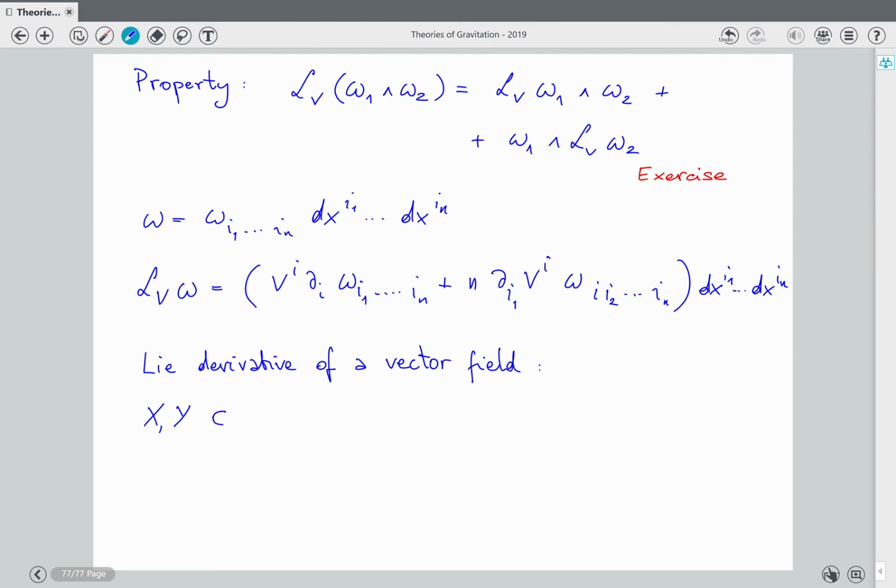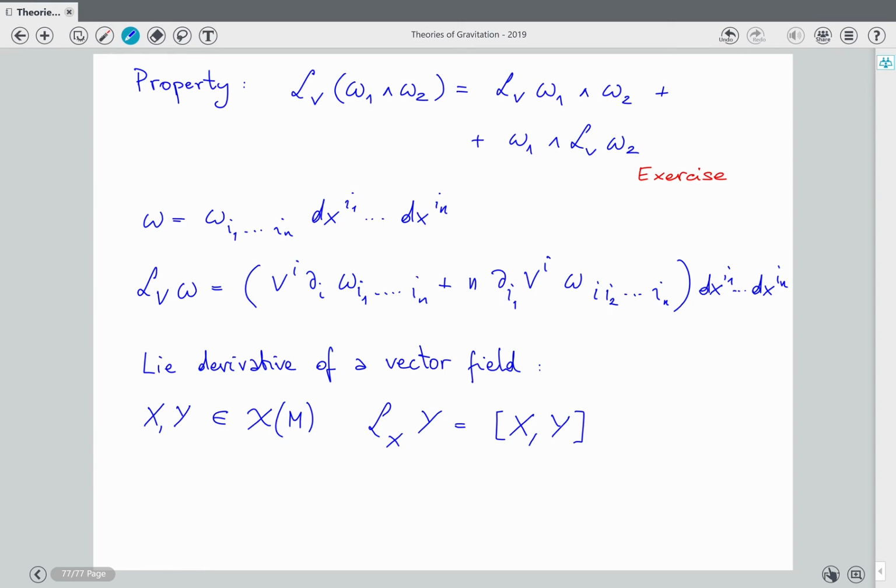So if x and y are vector fields, the Lie derivative of y along x, you can say, is just the commutator. That's the definition. You can ask yourselves where does it come from. Now we will see that it comes from some more geometrical construction that is the same for all objects, both vectors and differential forms.